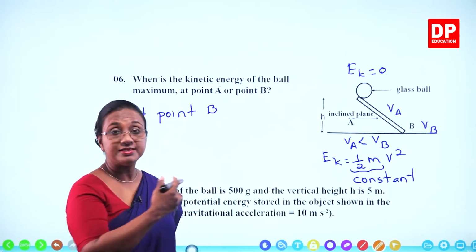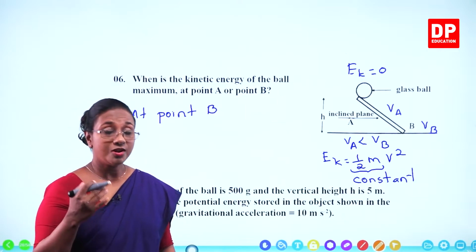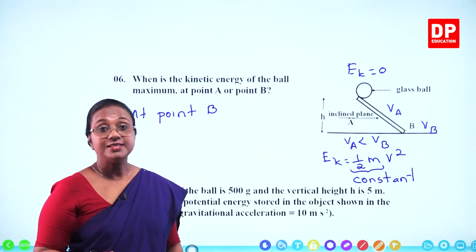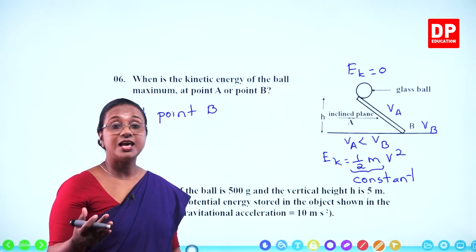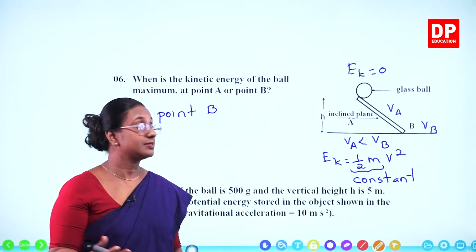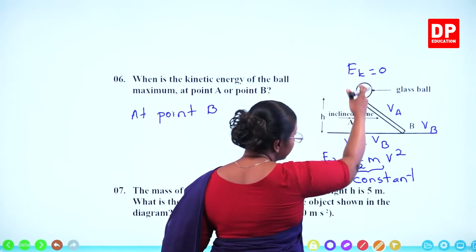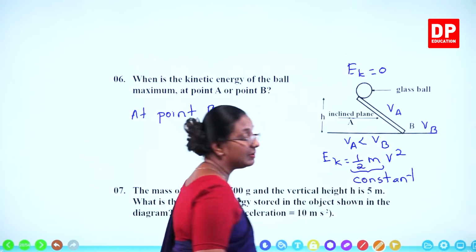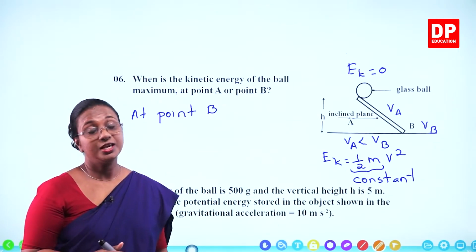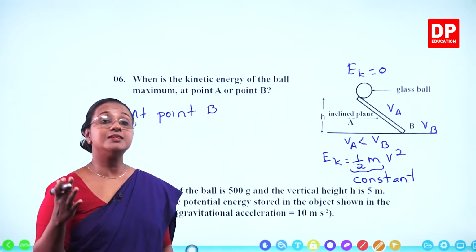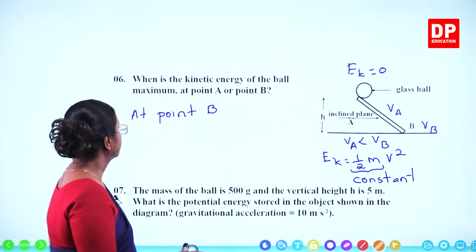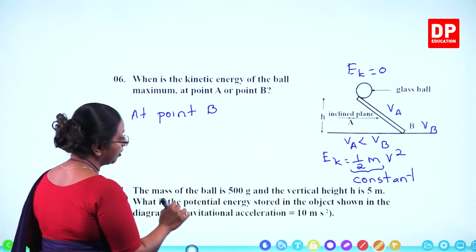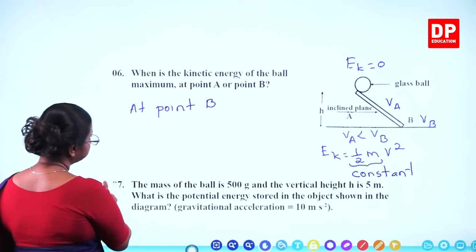Velocity is high as it reaches the ground. You all can remember, if you throw something up, when it comes down, due to gravitational acceleration, the velocity increases. So here also, although it's not coming down directly vertically downwards, still there will be an increase in velocity. I'm sure you all have experienced that before as well. So at point B, the kinetic energy will be higher compared to point A.